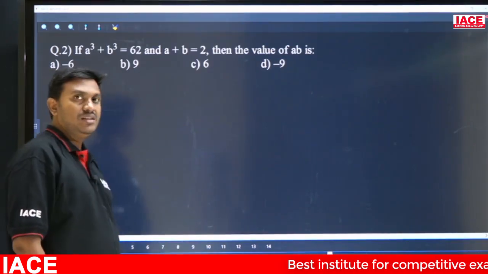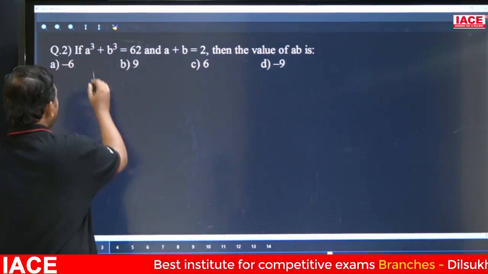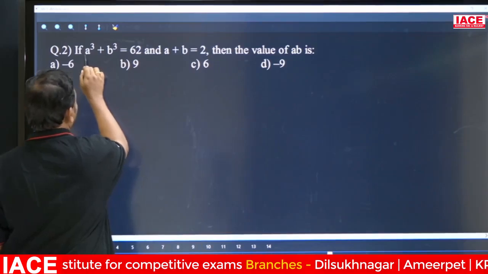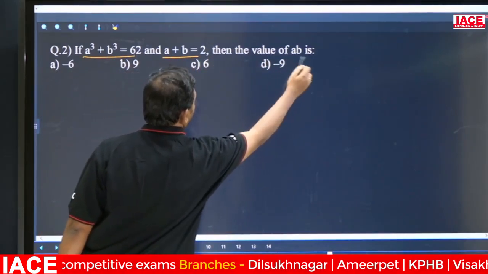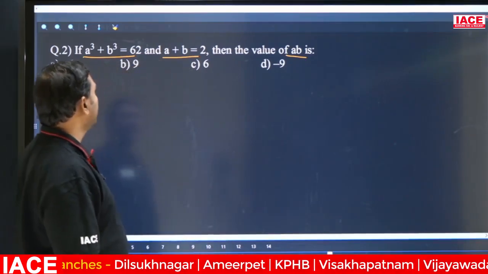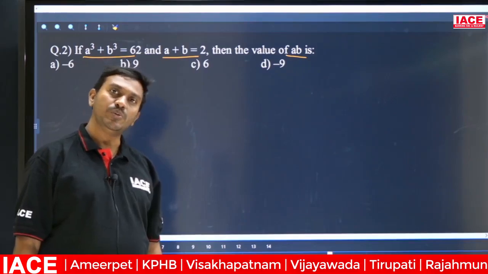Now it is an algebra question. What is given? A cube plus b cube is given and a plus b is given, and ab is asked. So we have to know the formula of a plus b whole cube or a cube plus b cube.